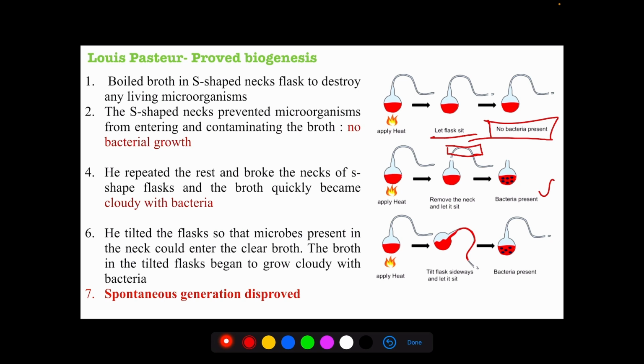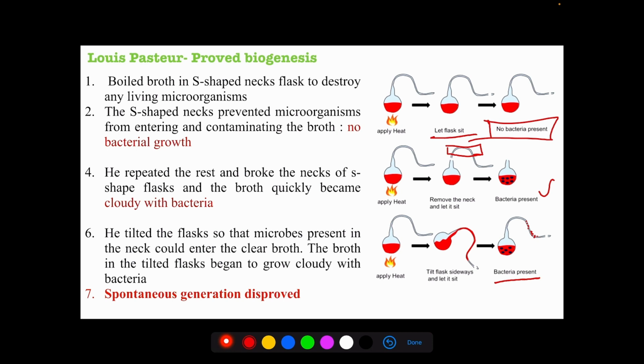Finally, Louis Pasteur decided to rather tilt the flask because he realized that microbes were collected at the neck of the flask, but they were unable to enter the broth. So he tilted the flask and allowed it to sit for a while, and bacterial growth was seen.